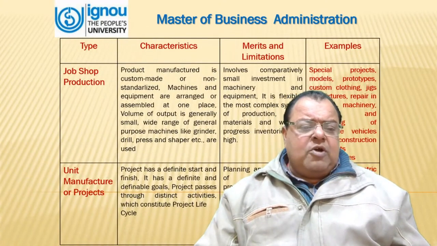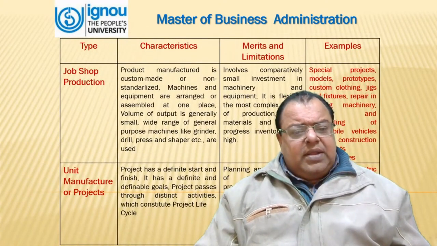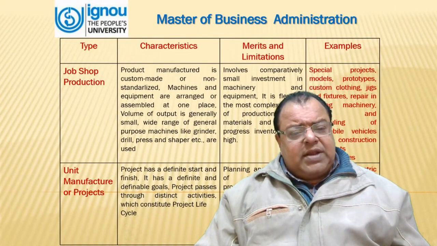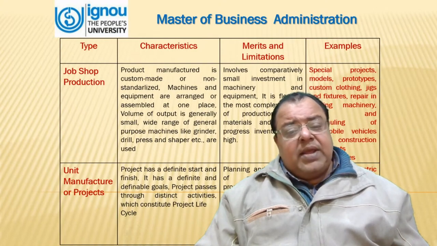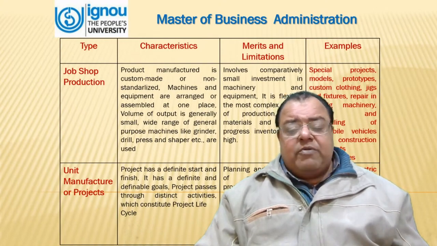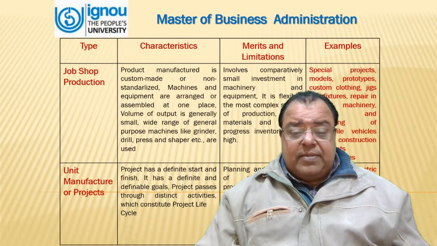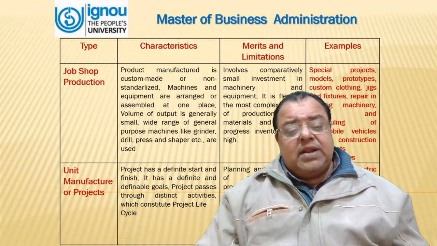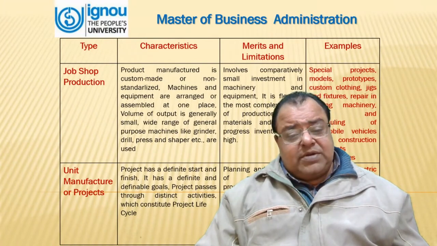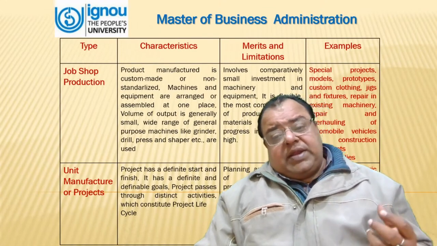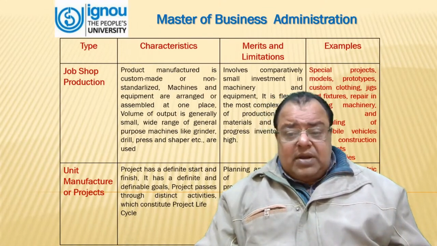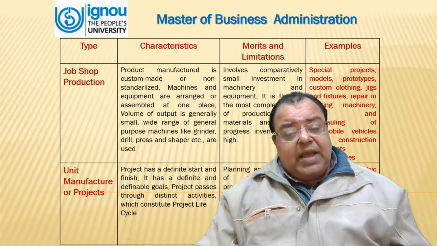As far as job shop production is concerned, here, the product manufactured is custom made or non-standardized. Machines and equipment are arranged or assembled at one place. Volume of output is generally small. Wide range and general purpose machines are used. It involves comparatively small investment in machinery and equipment.